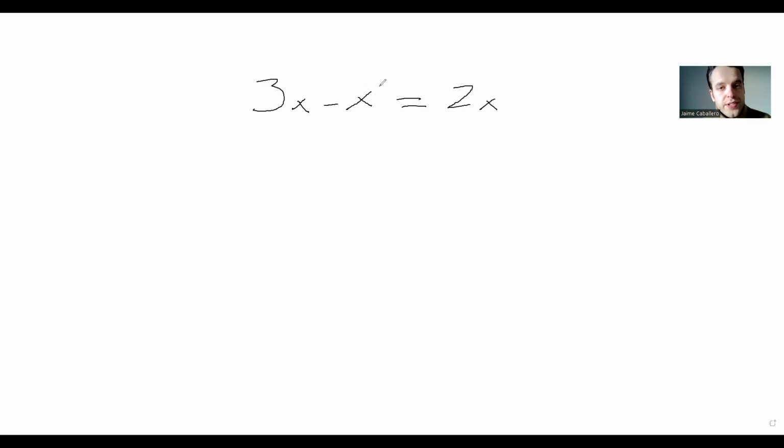And this is very important to understand because it's a fundamental pillar of algebra. If you learn the why of this, everything just becomes much easier.